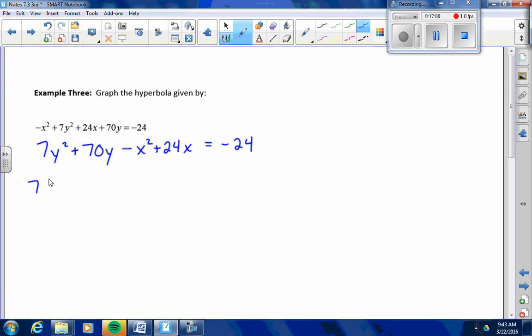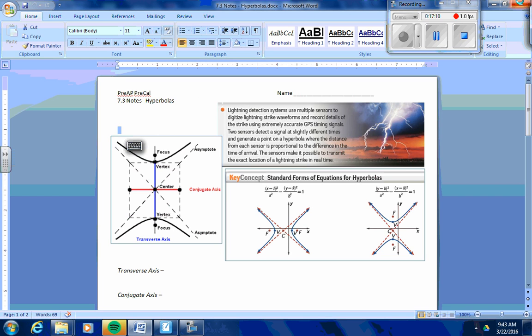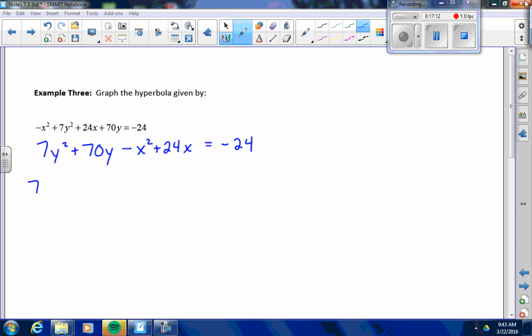So 7 times y squared plus 10y, and I'm going to do my plus blank. I'm going to go ahead and put on the other side equals negative 24 plus blank. Now for minus x squared plus 24x.